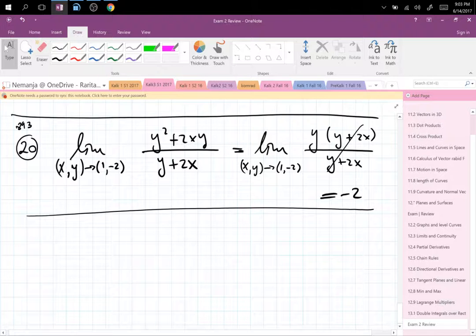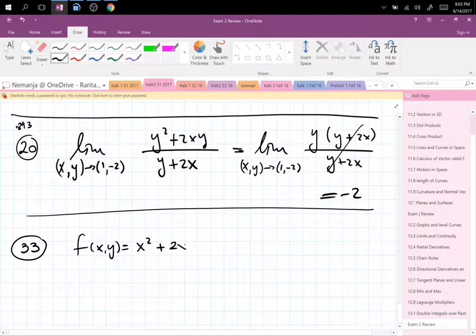The next problem is problem 33, which addresses continuity. The question says at what points in R2 the function is discontinuous. So technically, find all points of discontinuity, and they give us f of x, y equals x squared plus 2xy minus y cubed.